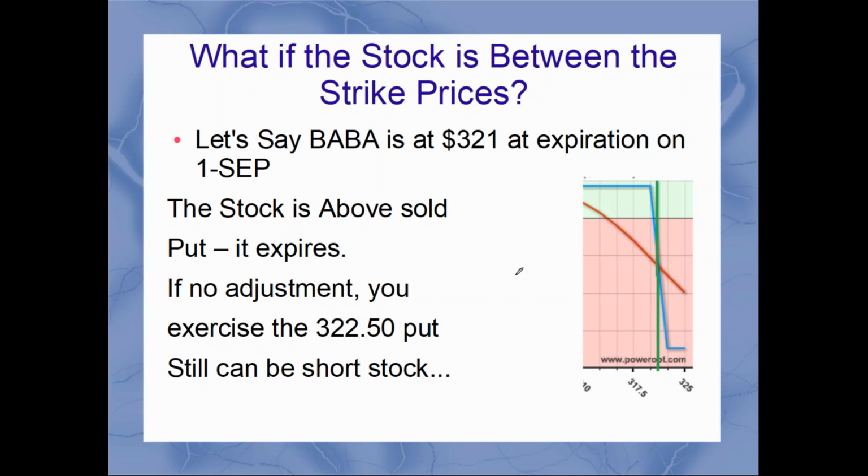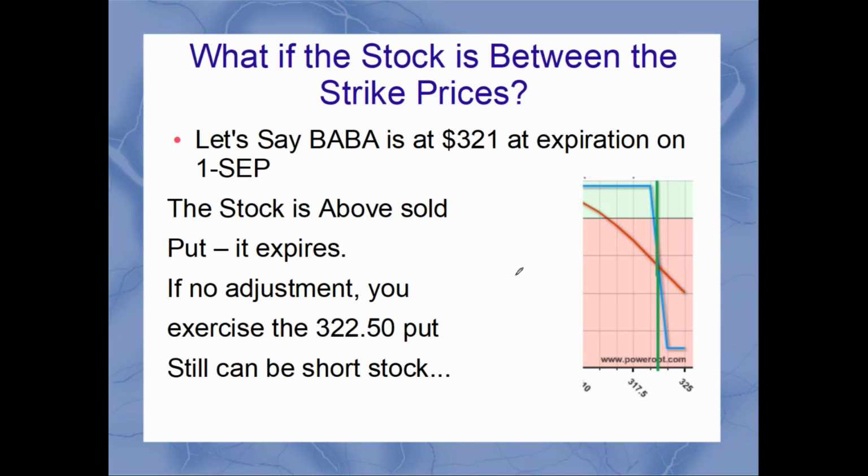My broker would now assume, since I didn't actively close it before the close on September 1st, that I wanted to exercise my put. What does that mean? It means I'm forcing someone to buy shares of stock for me at 322.50. But I don't own the stock. So I have to borrow the shares, essentially from my broker. On Monday, I'm going to be short shares of stock at 322.50.